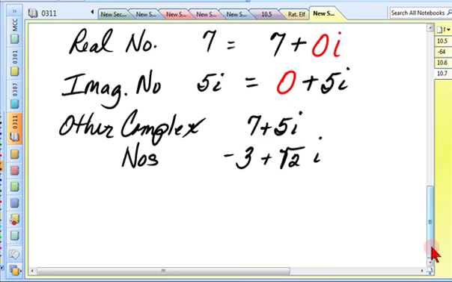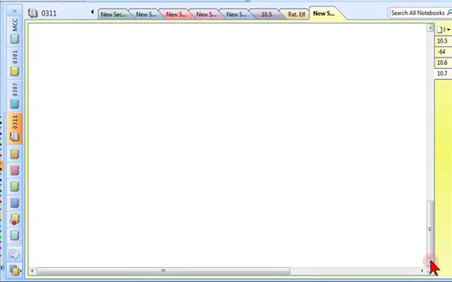Now let's talk a little bit more about it. That was just a little bit of an overview. What if I ask you to express in terms of i the square root of -28?